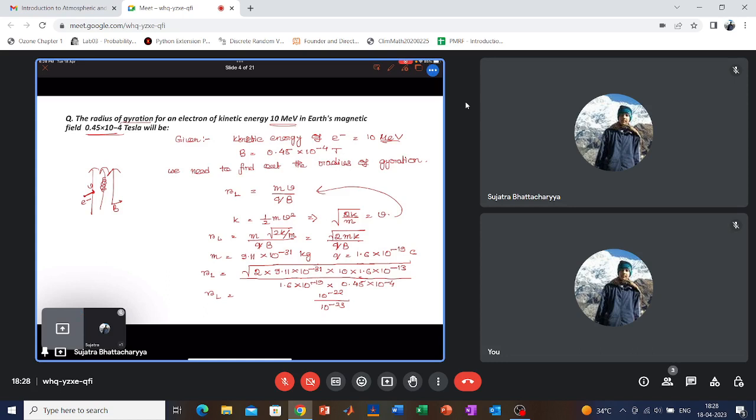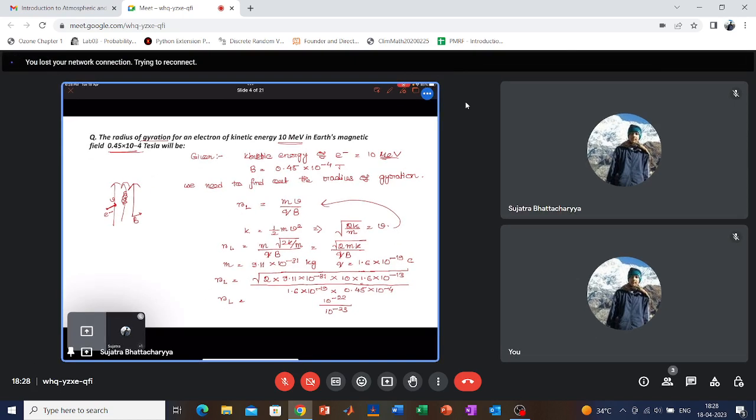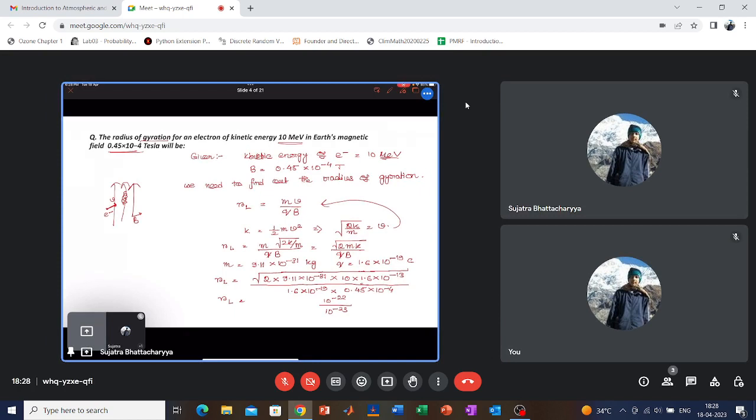So it's 2 into 9.11 into 10 into 1.6. So it's about 291.52 divided by the same 1.6 into 0.45.